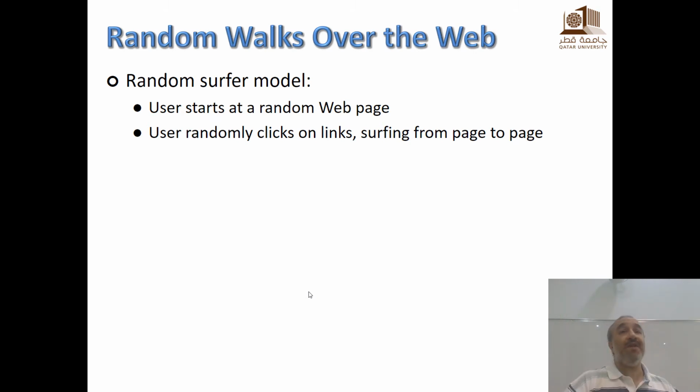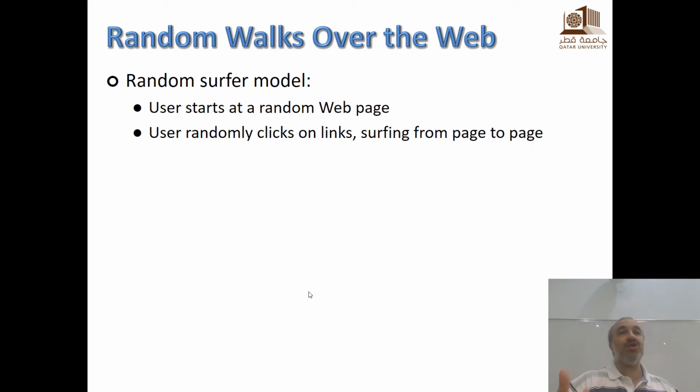When we do that infinitely, each node in the graph will be visited some number of times, right? If we do that infinitely, each page will be visited with some frequency. These frequencies indicate the PageRank of the page.